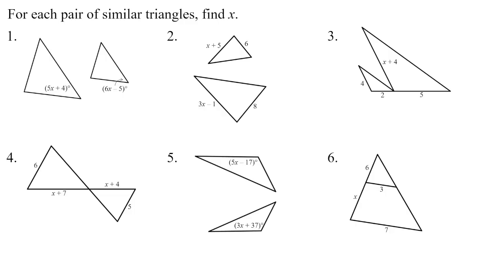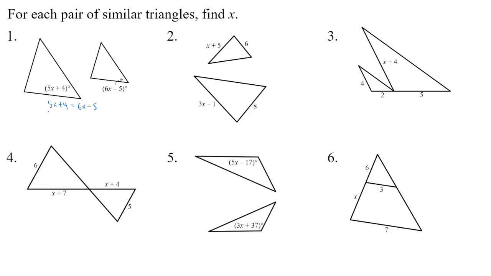So let's say for each pair of similar triangles, find x. Well, we have two angles. One of them is 5x plus 4. The other is 6x minus 5. If you remember, if the triangles are similar, the corresponding angles are congruent, meaning that 5x plus 4 equals 6x minus 5.